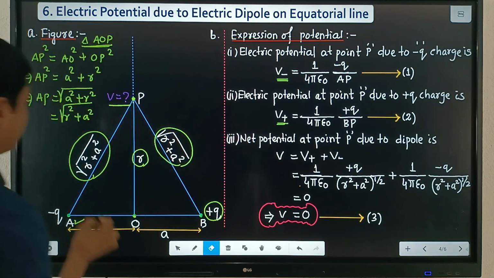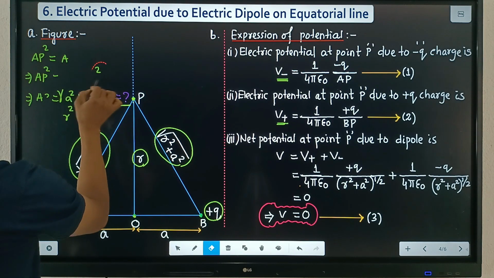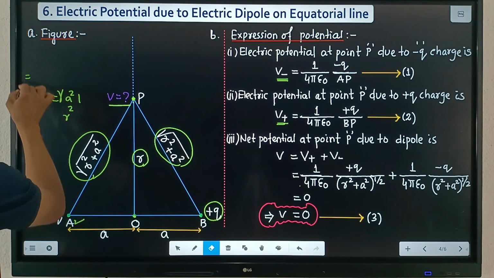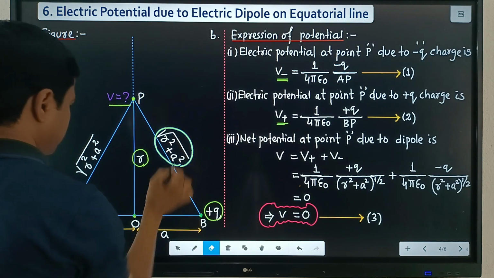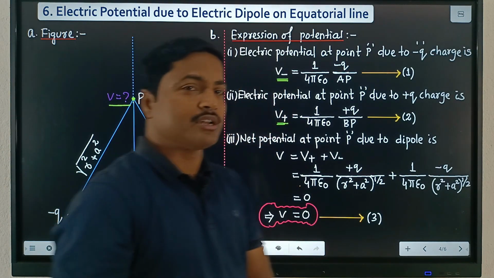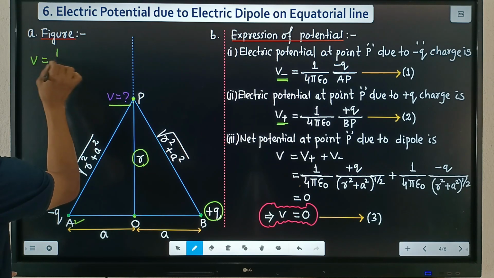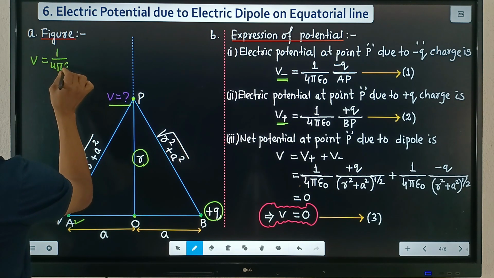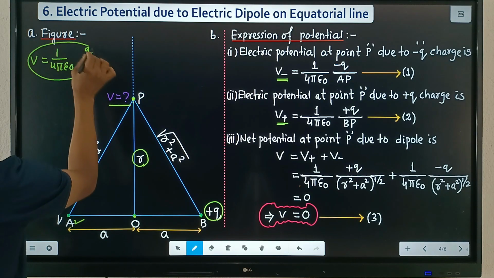Now, we will calculate the electric potential at the observation point, first due to the minus Q charge, then due to the plus Q charge. So we write the expression of the electric potential. The expression of the electric potential V is equal to 1 divided by 4 pi epsilon 0, Q divided by R, due to a point charge.